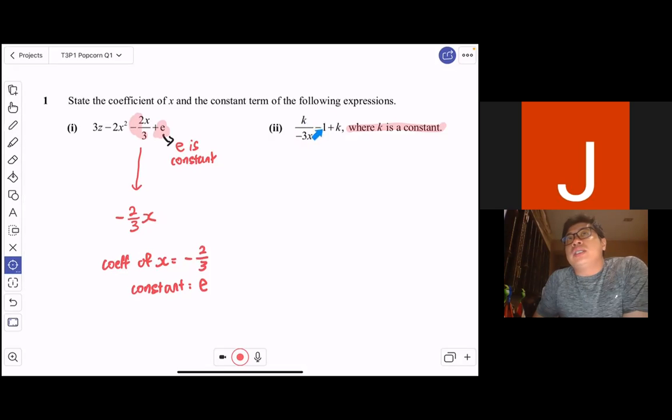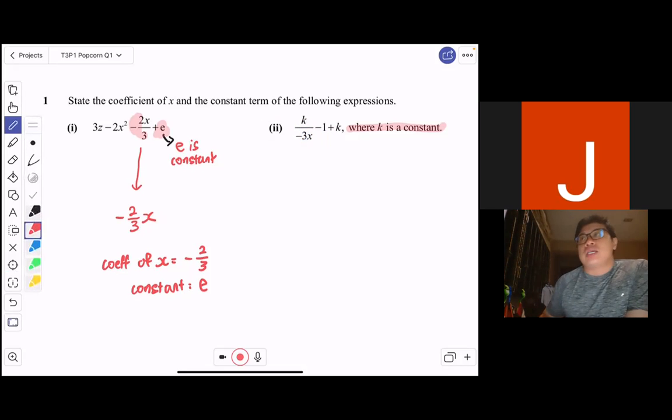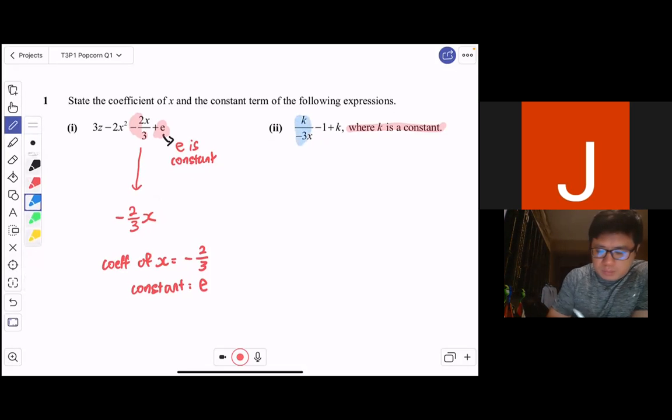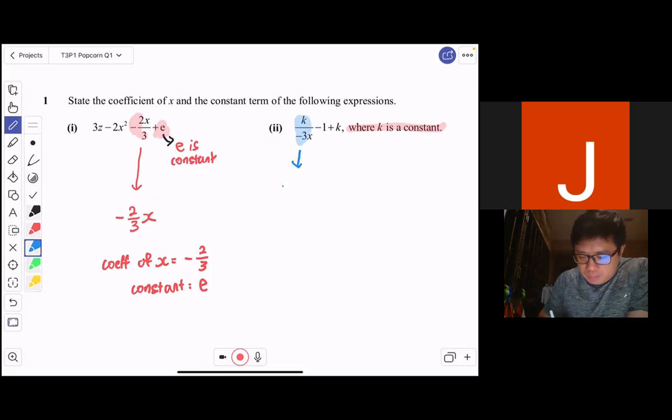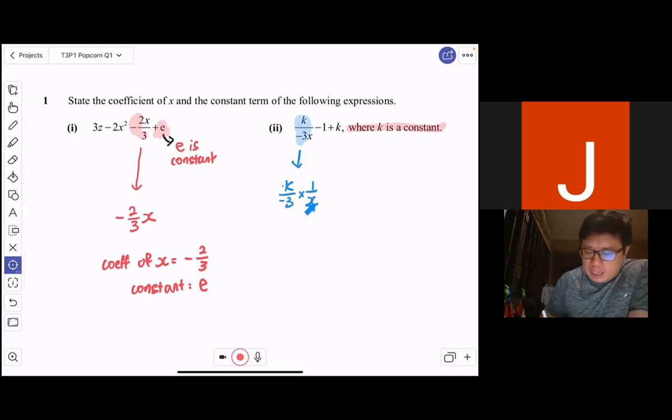And over on this side, all right, what is the coefficient of x? Now, the truth is there is actually no x term, because if we look at this, there is an x here, but it is not x, it is actually 1 over x. So if we strictly look at this expression, this is like k over negative 3 multiplied to 1 over x. Am I right? Now this x is a denominator.